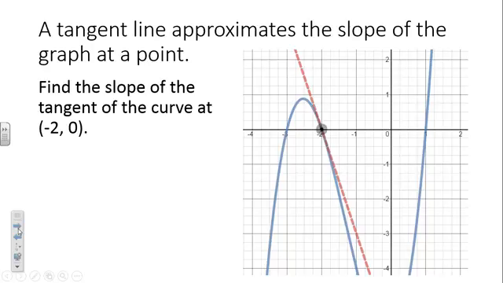Okay, so what do you think the slope of the tangent to this curve is at the point (-2, 0)? Okay, first of all, is it positive or negative? Negative. Okay, so we think the slope is negative. Okay, and it looks like it intersects here pretty well, right?